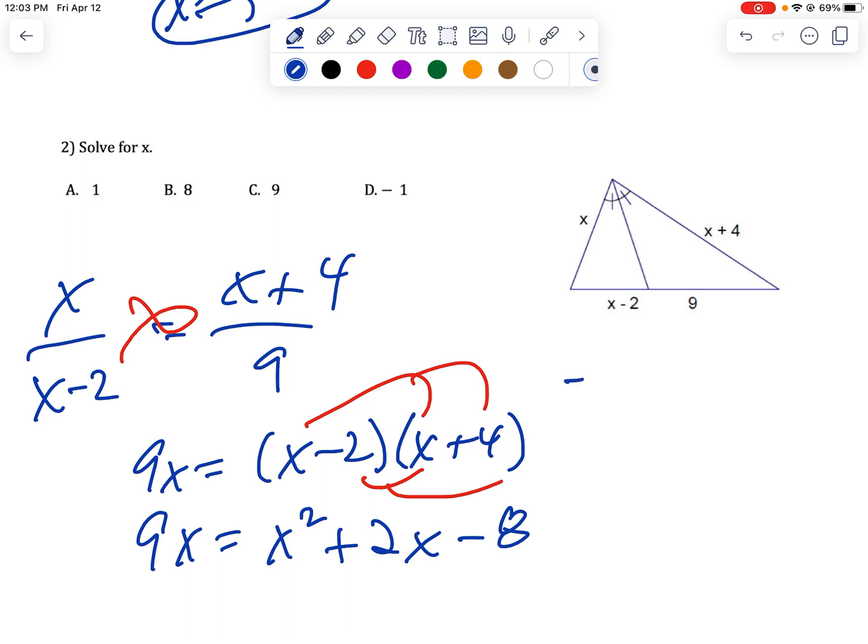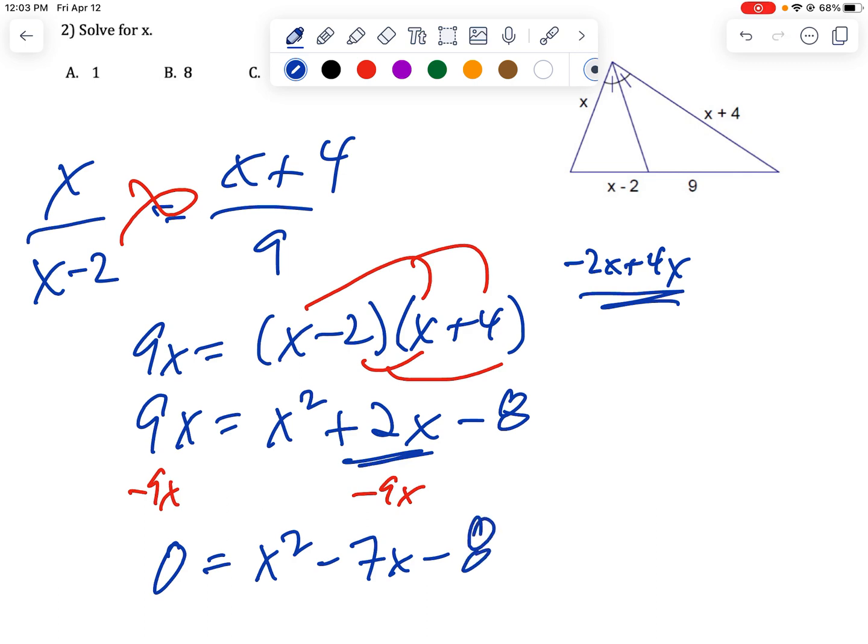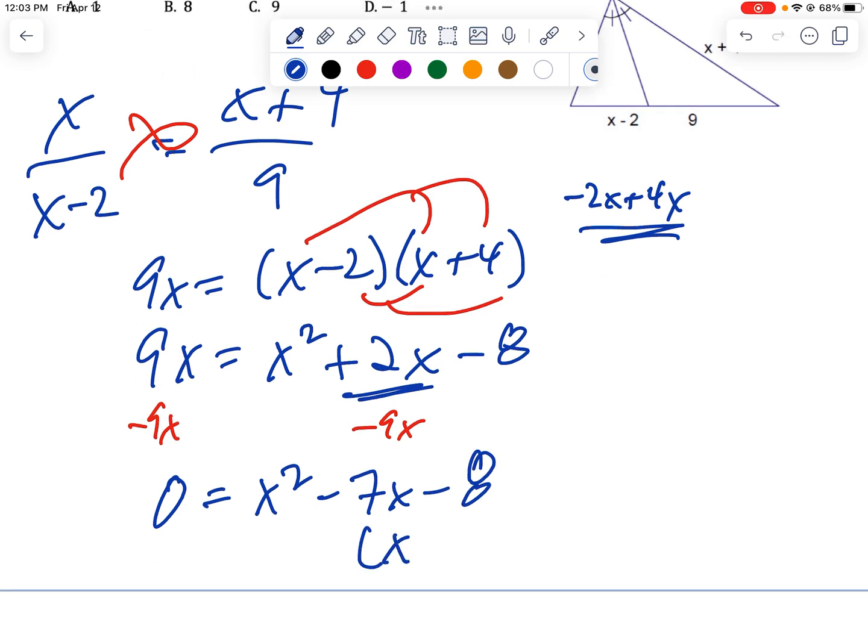Remember, that's negative 2x plus 4x. We'll give you that positive 2. But I'm not done. I have to bring that 9x over, and I have to factor. Minus 7x minus 8. Struggling on the pen today. Minus 8, there it is. So I get x minus 8.